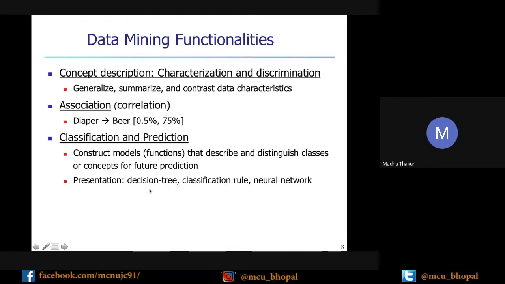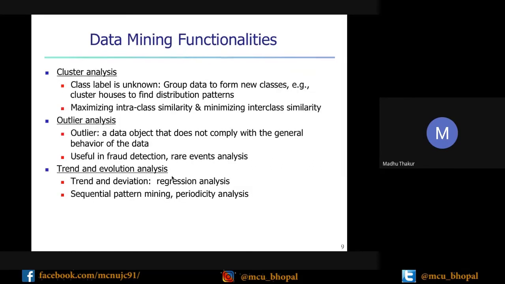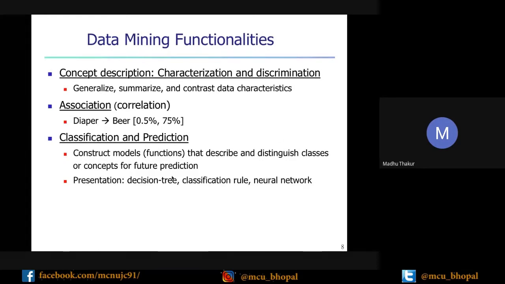For prediction also, you are predicting values based on your existing data. A number of methods are available here. We'll discuss decision tree, neural network classification, support vector machine, KNN. A lot of methods are available for classification. Classification is called supervised learning, because we know the class label.